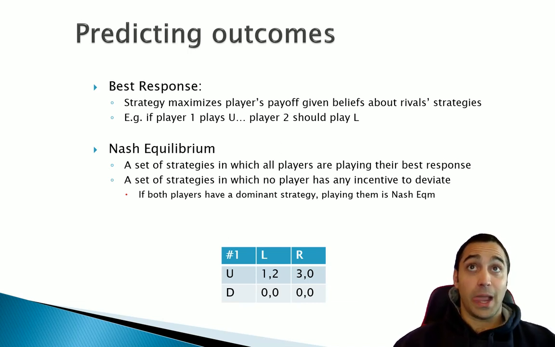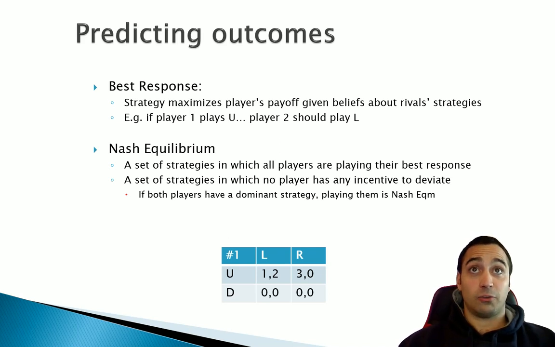The way we'll solve all of these static games is to look for what's called a best response function. A best response is a strategy that maximizes a player's payoff given their beliefs about a rival's strategies. That is, if player 1 plays up, player 2 knows they should play left, right? If player 1 is believed to be playing up, player 2 looks at their 0 and their 2 and says they should play left.